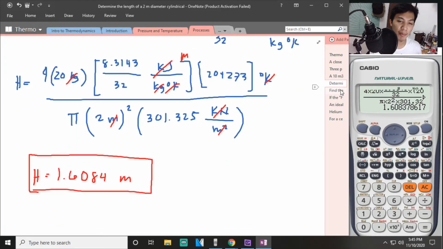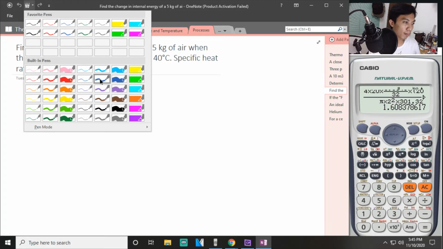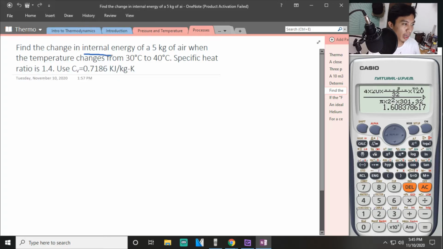And for problem number 5, find the change in internal energy of a 5 kilogram of air when the temperature changes from 30 to 40 degrees Celsius. Specific heat ratio is 1.4. CV is 0.7186.